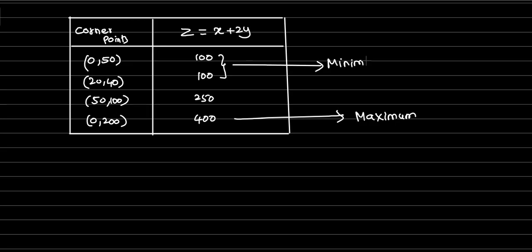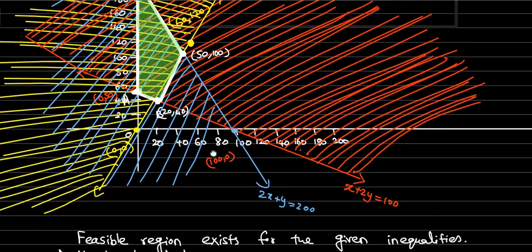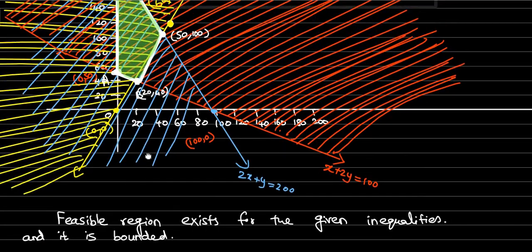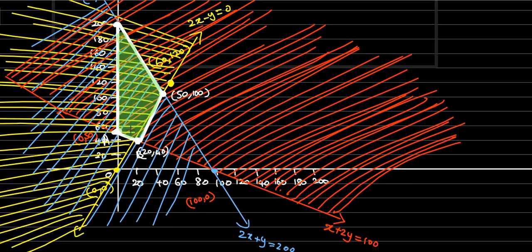Whenever results occur twice, you have to check whether 0 comma 50 and 20 comma 40 form a line segment in the feasible region. Yes, you can see it's actually sharing a line segment. Then not only 0 comma 50 and 20 comma 40, all the points on the line segment AB give you the minimum.